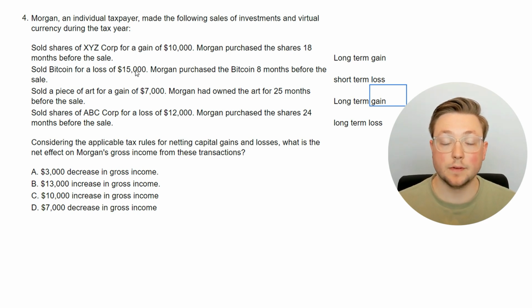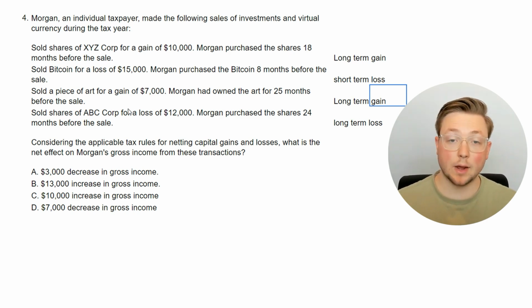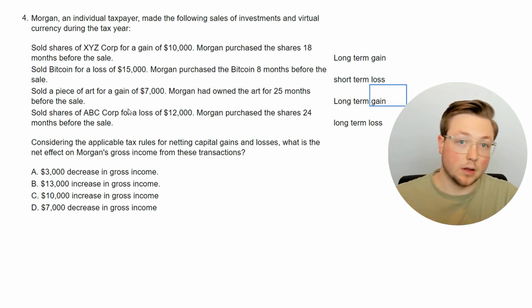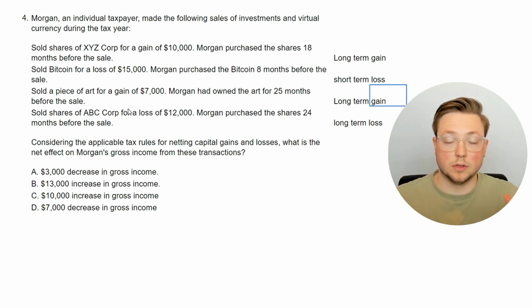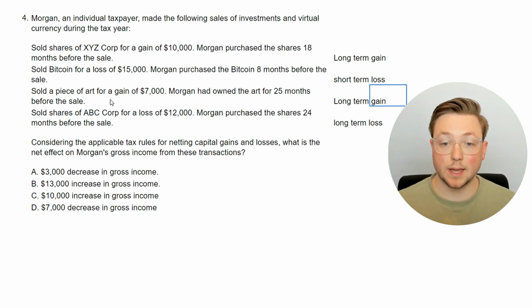So $15,000 short-term loss and a $5,000 long-term gain. And now we know, since there's a gain and a loss after netting the two different terms, we net that together again. So net long-term capital gain netted against the net short-term capital loss equals a $10,000 capital loss total.